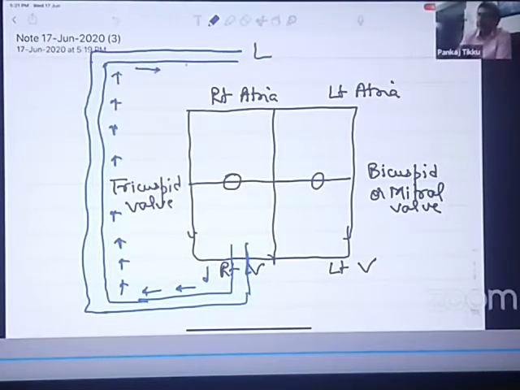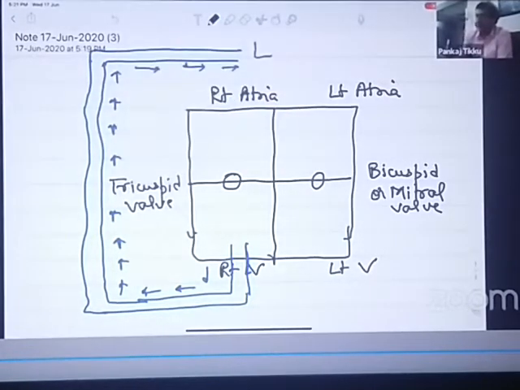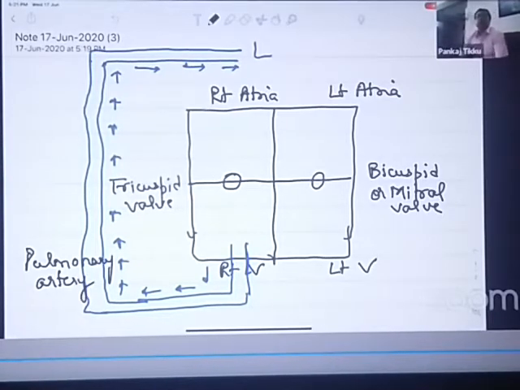Once it enters into the lungs through the pulmonary artery. So which artery is this? This is the pulmonary artery. So pulmonary artery, although is an artery, it carries deoxygenated blood.